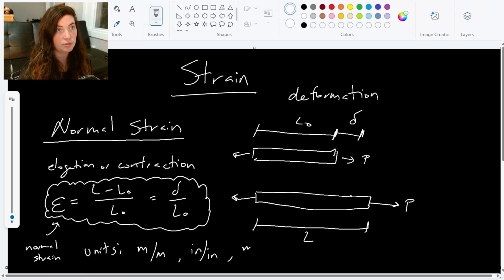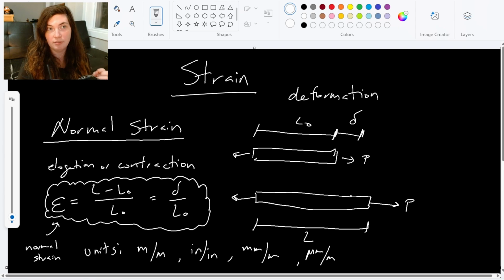You could use millimeters per meter, or even micrometers per meter, because typically the deformations are going to be really, really small, right? Like if you try to stretch out a metal rod, you probably aren't going to be able to see it stretch very far, especially if you're just trying to do it with your bare hands, right? But it's happening on a microscopic level, right?